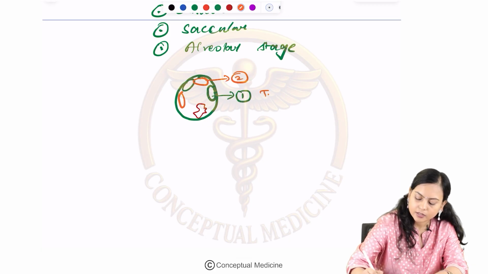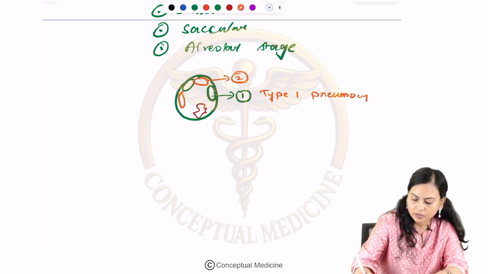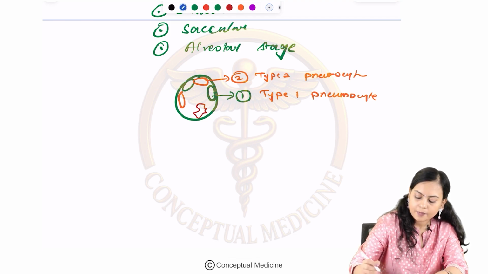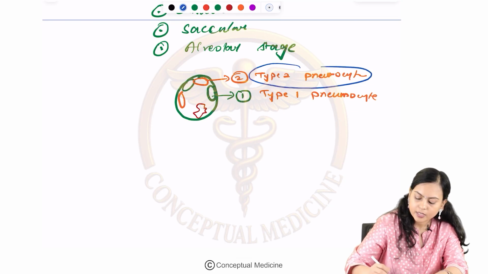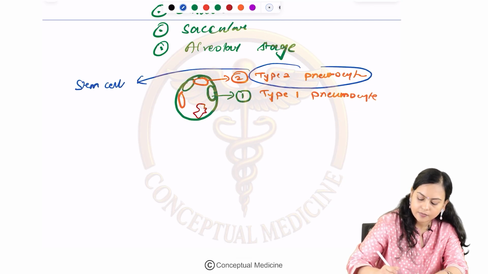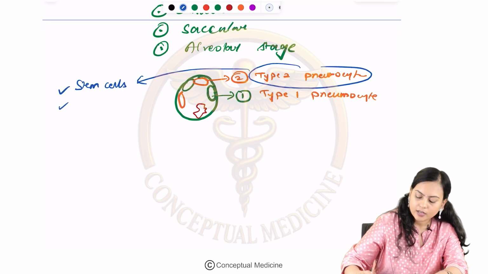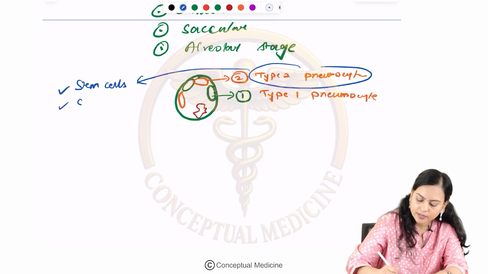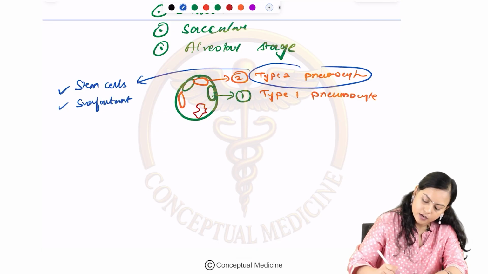So, these are nothing but the type 1 pneumocyte and type 2 pneumocyte. Among this, type 2 pneumocyte is very important because this acts as stem cells for the other types of cells, as well as they produce surfactant also.